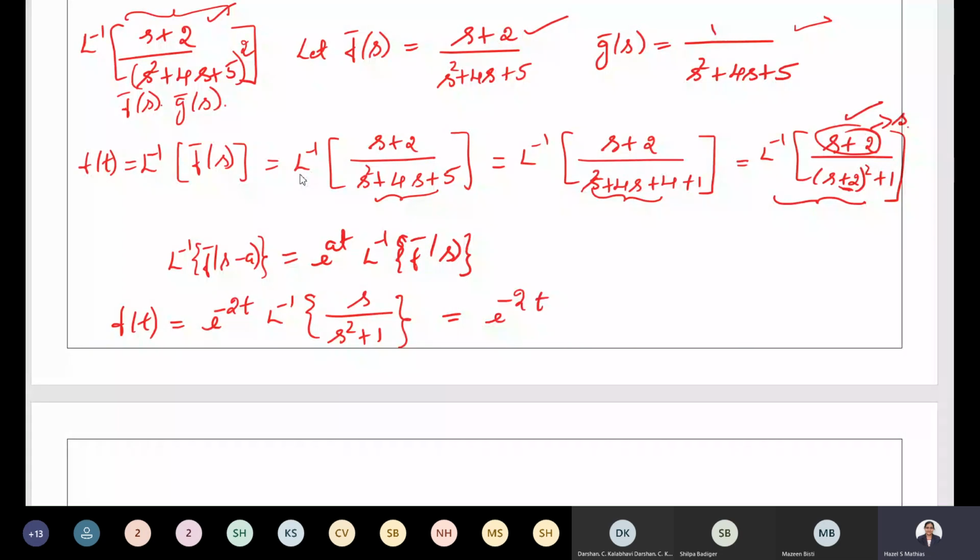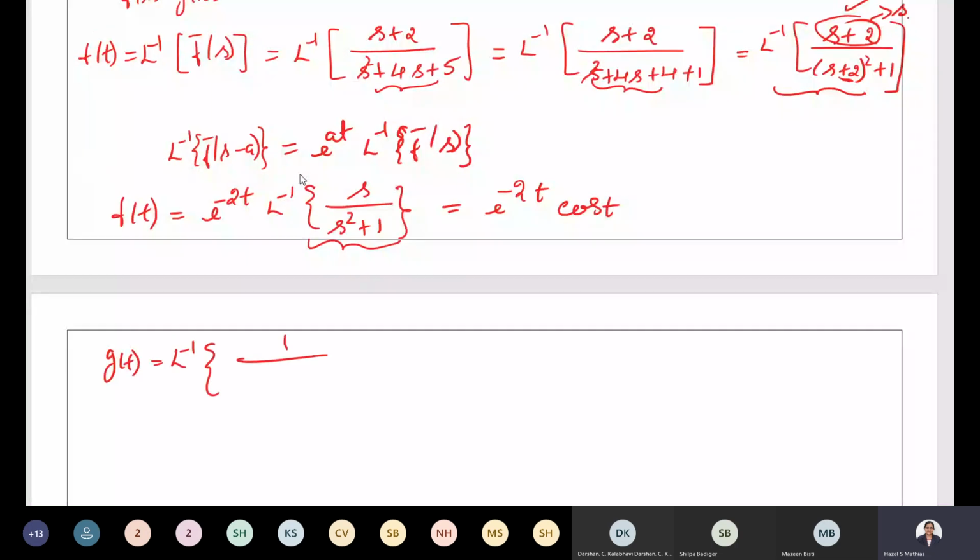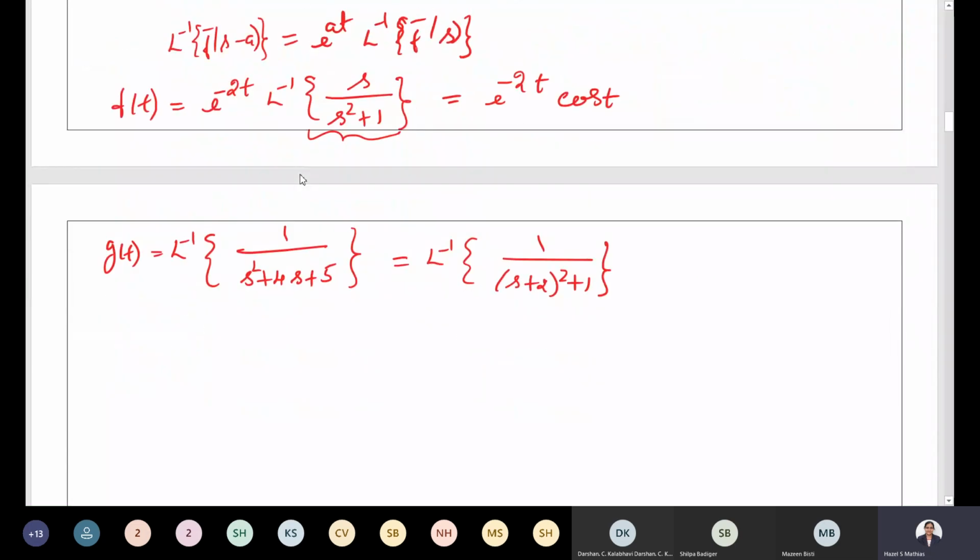Let's find g of t. G of t is L inverse of 1/(s²+4s+5). Again, by completing the square, this can be written as L inverse of 1/((s+2)²+1), similarly as above. You can apply the same property.